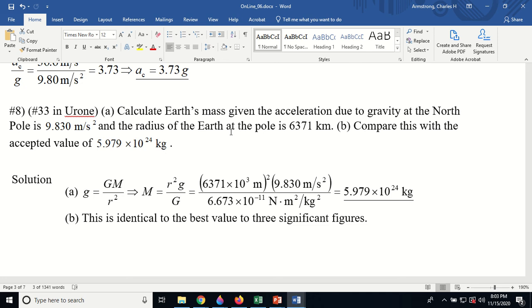Basically, you've got the acceleration due to gravity at the surface of the Earth. This comes from, you remember, mass times acceleration, little m, which is an object we would stick there.